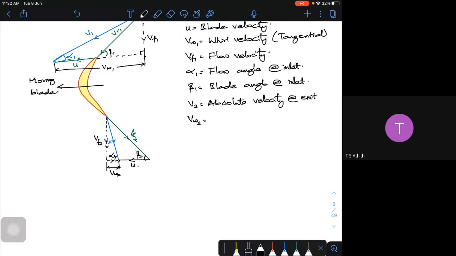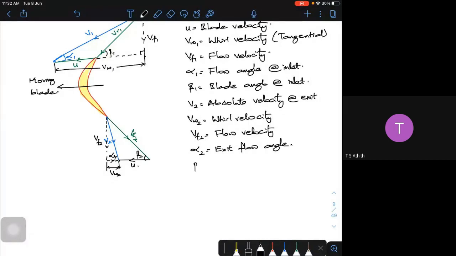VW2 is the whirl velocity at the exit, and Vf2 is the flow velocity at the exit. Then alpha 2 is the exit flow angle, or flow angle at the exit.